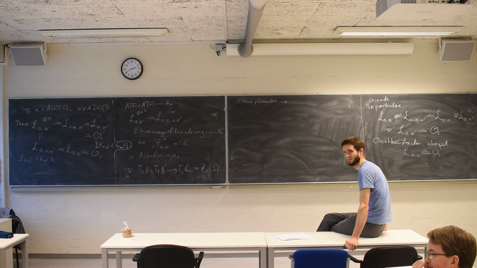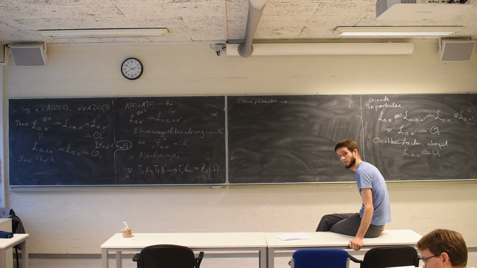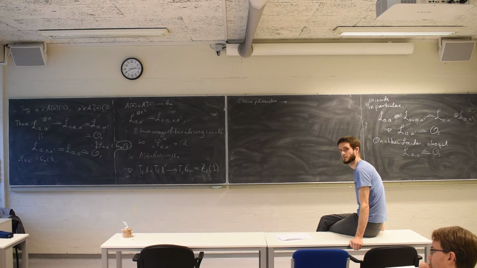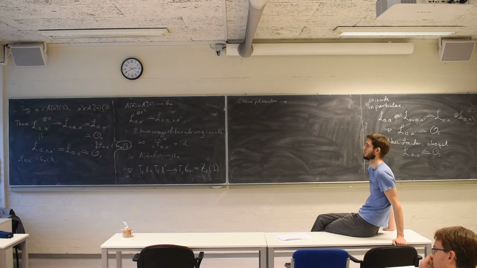Actually, there is also a nice way to do this. You view the dual as the Ext1 of A by GM. Now if you have any isogeny, say alpha, then you have a short exact sequence: kernel of alpha, A, and A prime, say, A to B. You apply Hom to GM to this short exact sequence, and you get a long exact sequence which tells you exactly what happens.